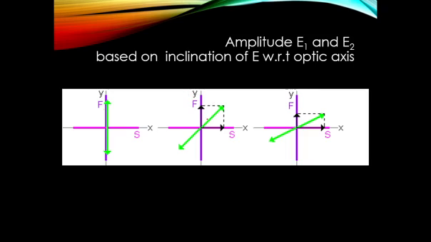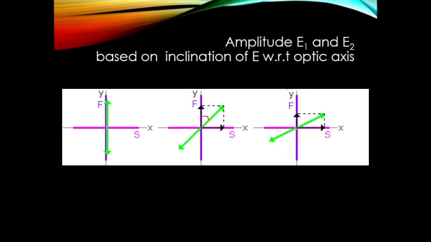But if there is an angle between the optic axis and the plane of polarization of the incident wave, which is given by the green line, the incident light will be split along the optic axis and perpendicular to the optic axis. So you'll get two terms, one is Ey and another is Ex.